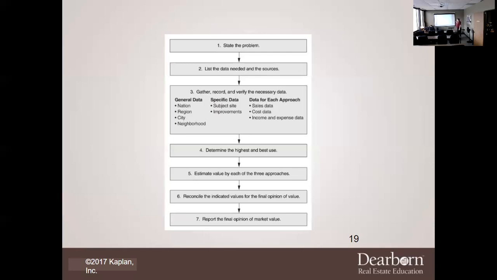Now, for us to figure out what your property's worth, we need to list the data that we need, and what sources we need to look through. So we need to find out the different places, and then we need to gather and record that data. All right. So things in this situation could be general data, specific data, and also data for each approach.